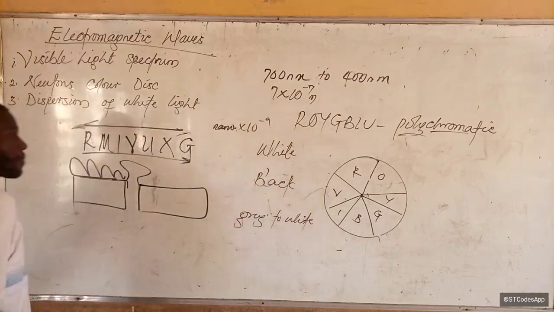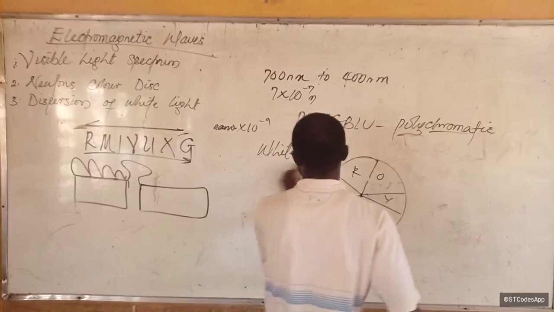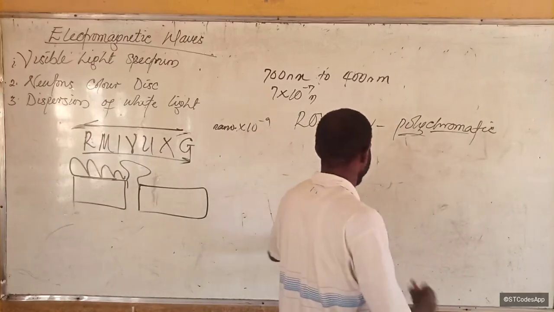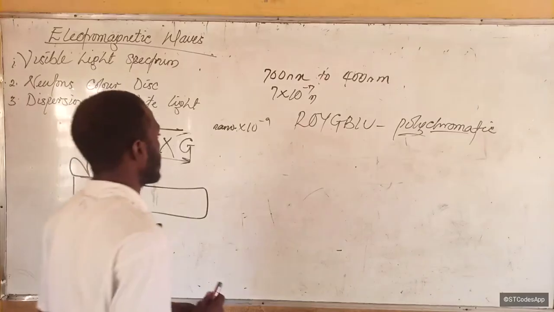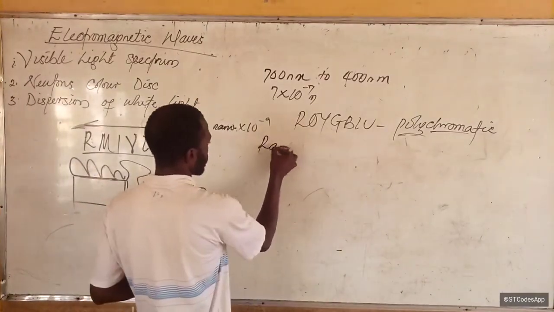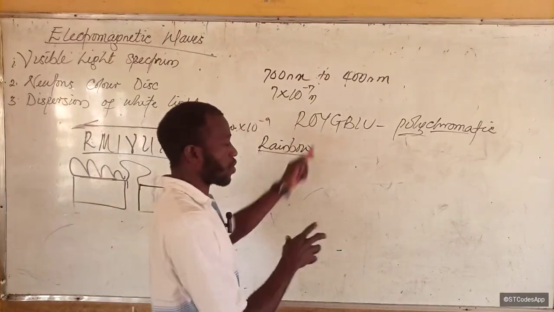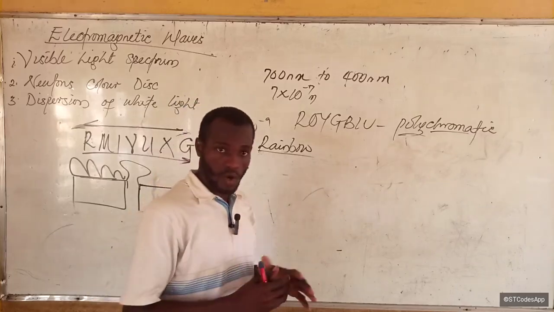All right. Now, we have the dispersion of light. When light is dispersed, how does it happen? One of the practical or natural evidence of dispersion of light is the rainbow. And what is the rainbow? It's just a band of the 7 colors that is formed in the sky, especially during the rain or immediately after the rain.